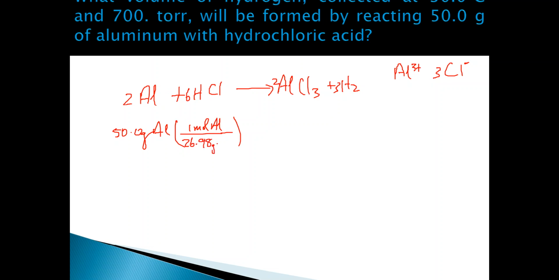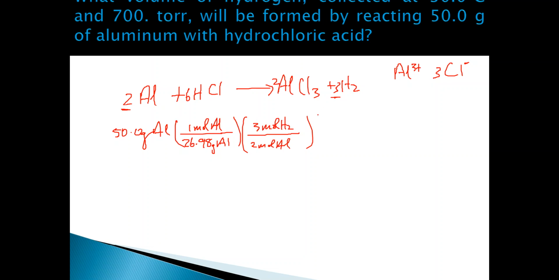So that would go down here, 26.98 grams of aluminum. And then I will multiply this by the mole ratio between the hydrogen and the aluminum based on the balanced equation. And you'll see that there's a 3 here as a coefficient for hydrogen, and there's a 2 here, which is a coefficient for aluminum. So here you're going to have 3 moles of H2 above and 2 moles of aluminum below.